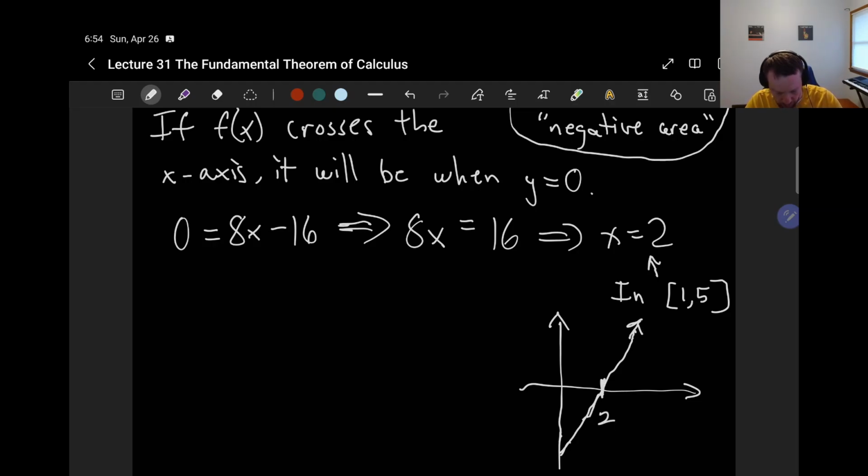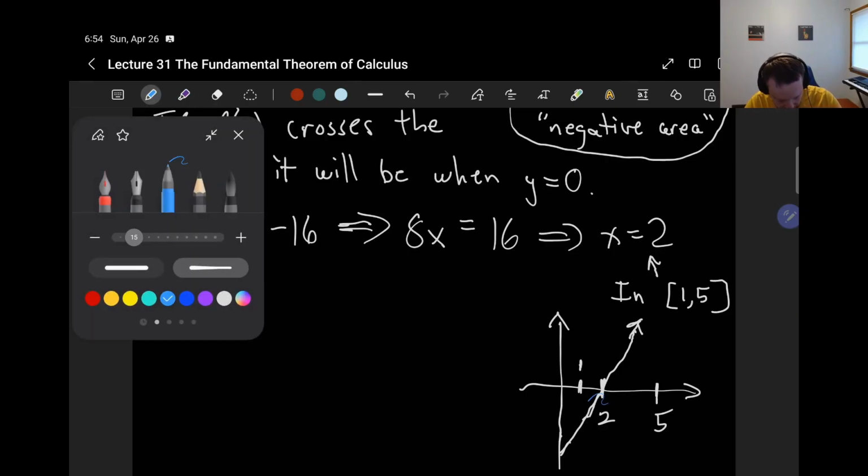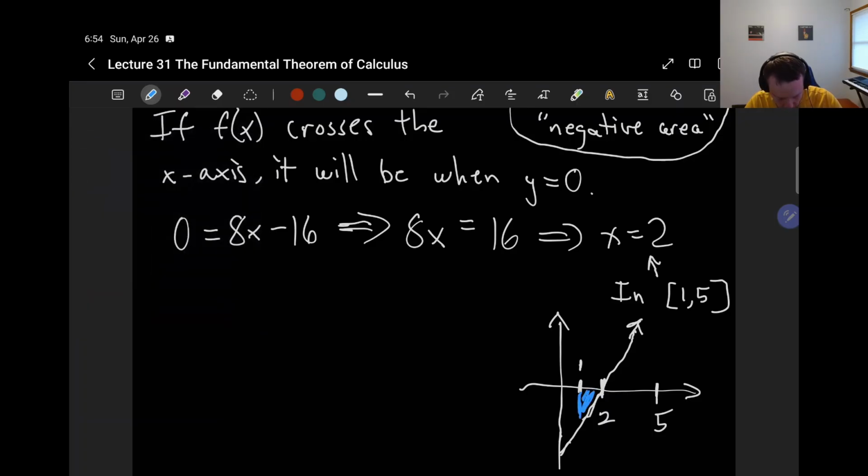Well, we know that this crosses when x is 2. And let's say this is 1 and 5 out here. Actually, let's move the 1 up here. So this means that my lower quote-unquote negative region is first from 1 to 2. But then the one that is for sure positive is from 2 to 5.